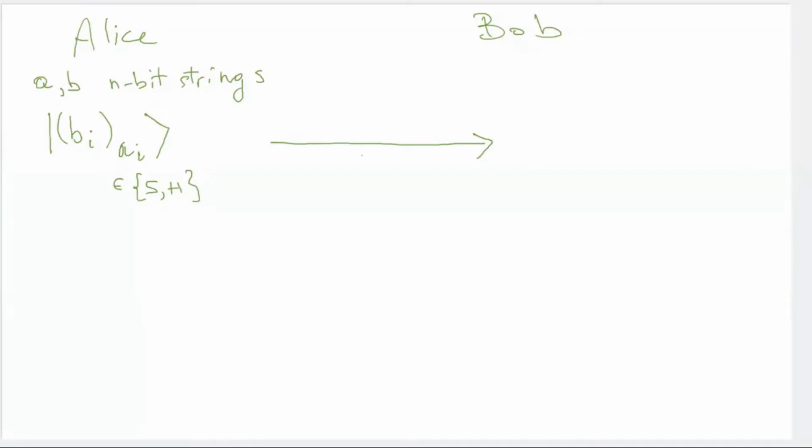I'm just defining this notation: psi 0,0 is equal to 0, psi 1,0 is equal to 1, psi 0,1 is equal to plus, and psi 1,1 is equal to minus.